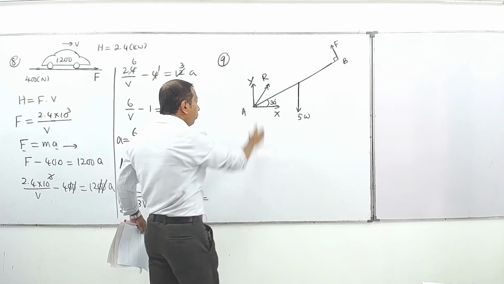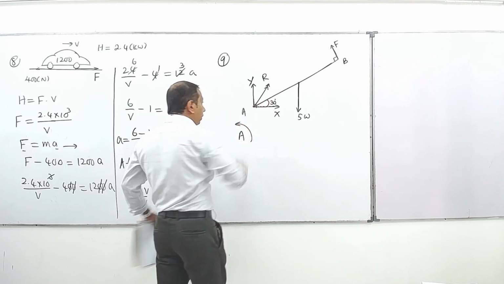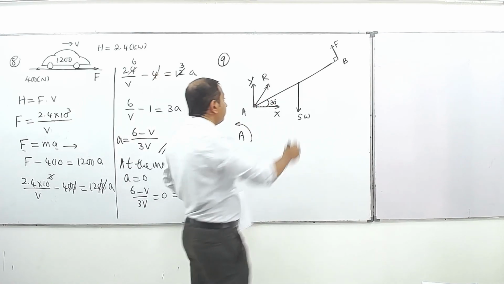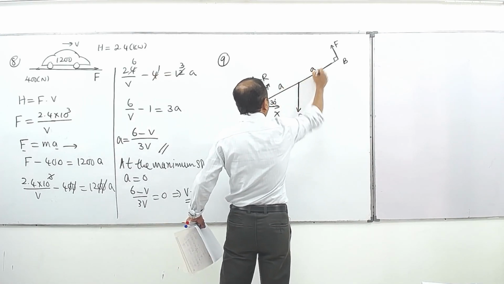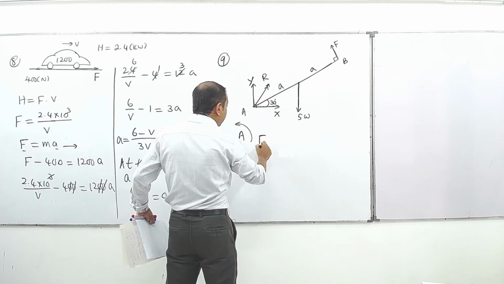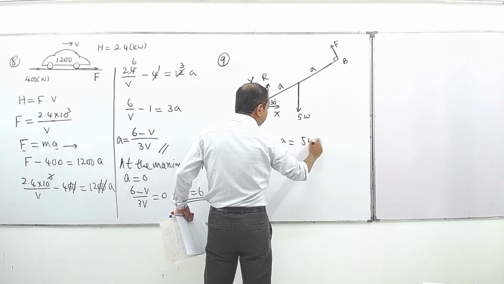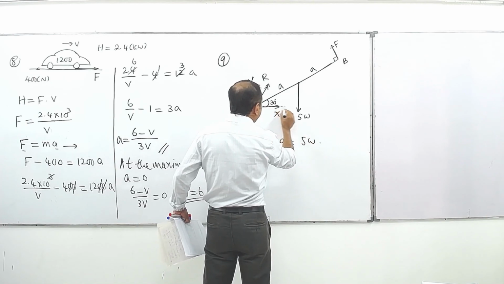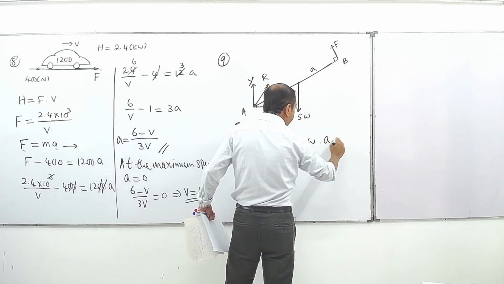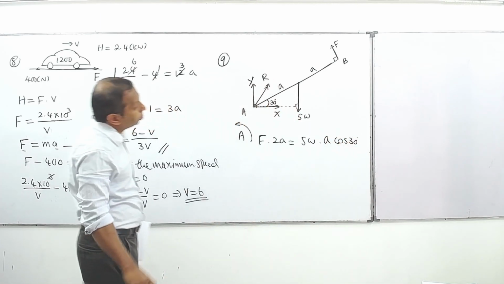Now, we take moment around A for the equilibrium, right? The length given as 2a, no? Uniform rod, center of gravity at the midpoint. Moment of F into 2a equals 5W into a cos 30.